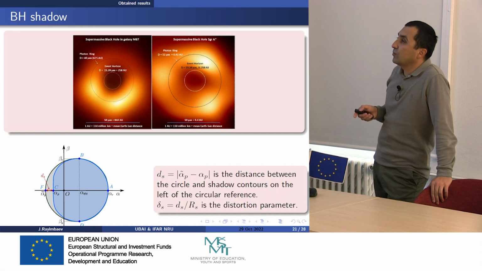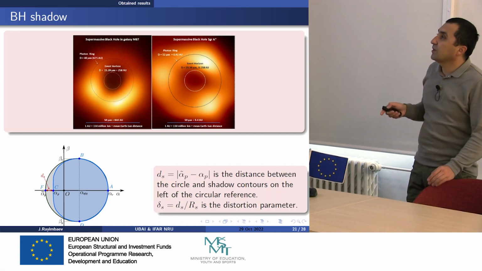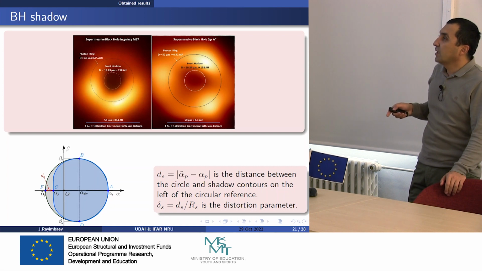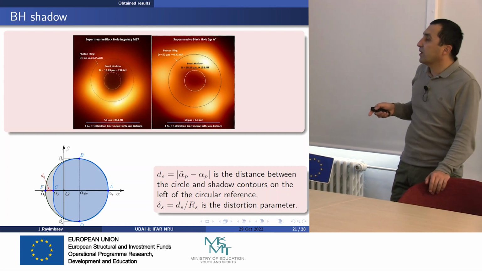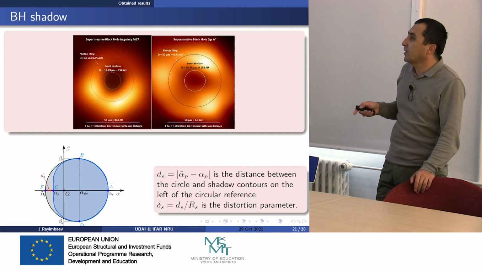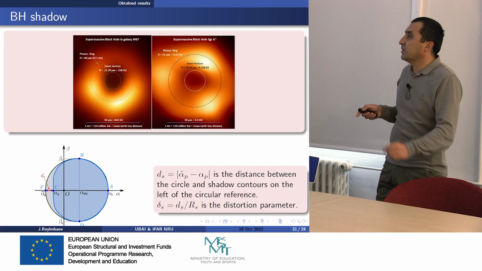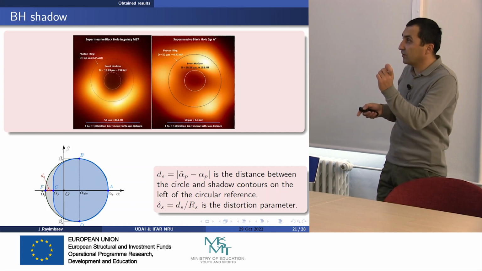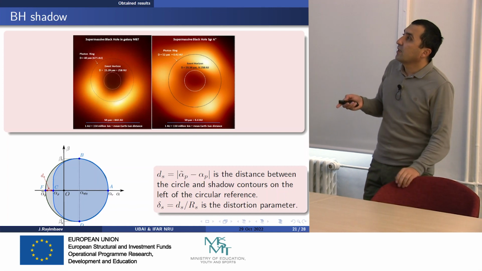Actually, there are two different measurable quantities: the radius of this circle-shaped shadow, and the distortion parameter, the distortion of the shadow from a circle, as a percentage, relating the distortion size and the shadow size.